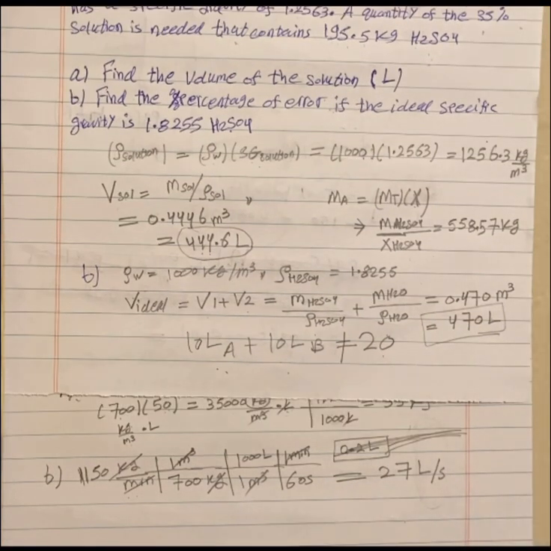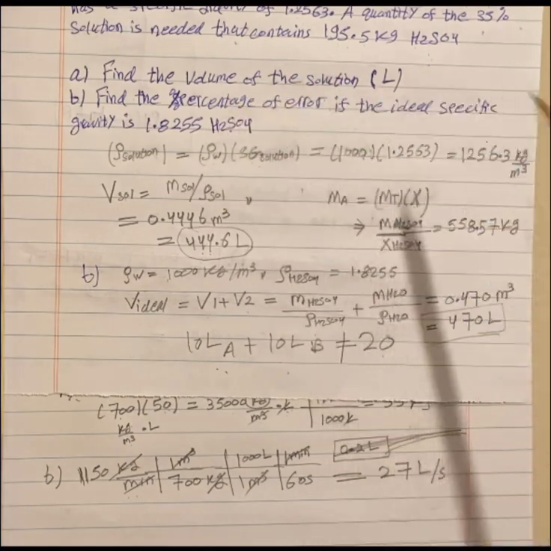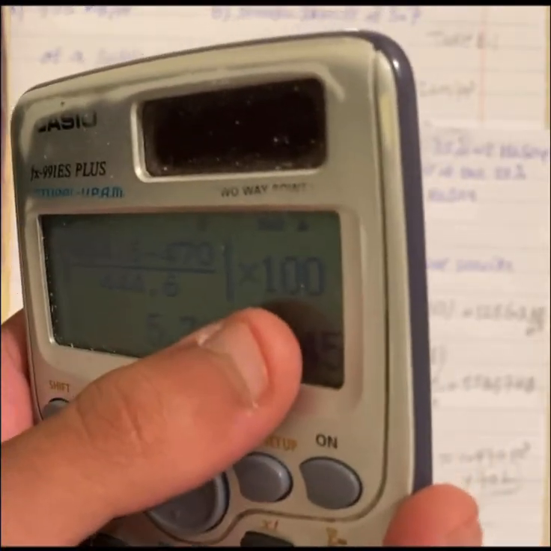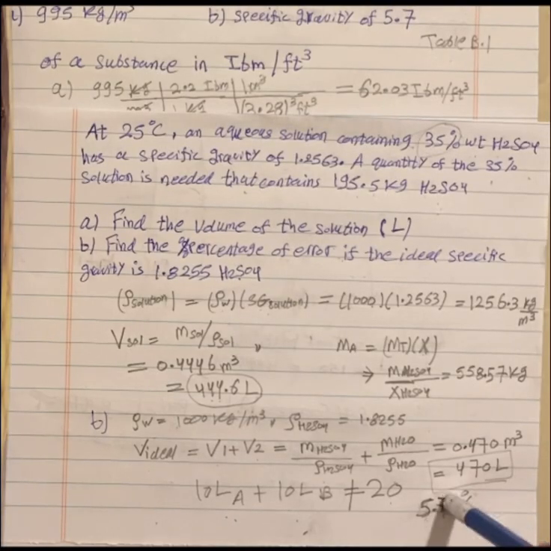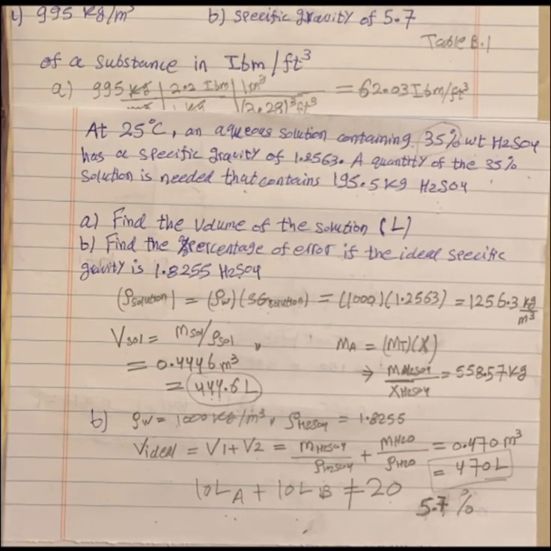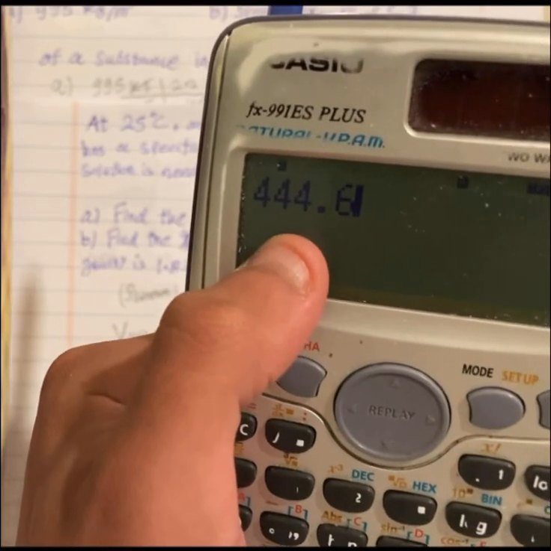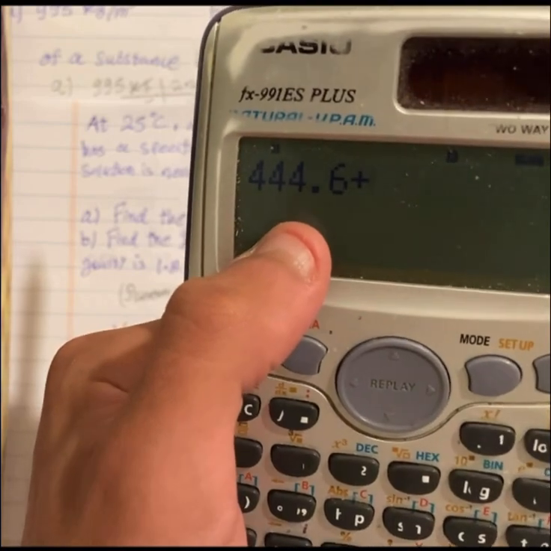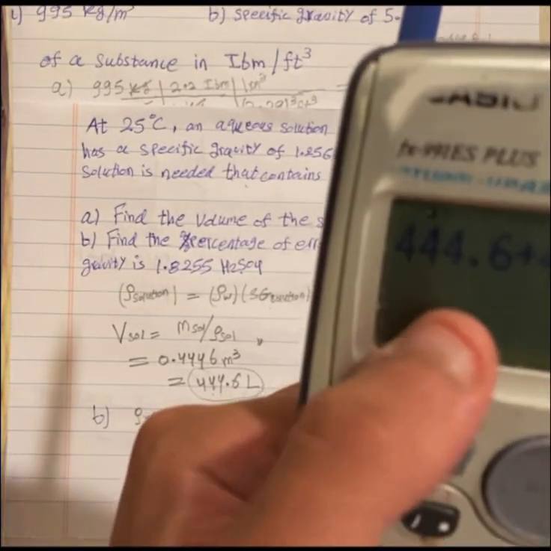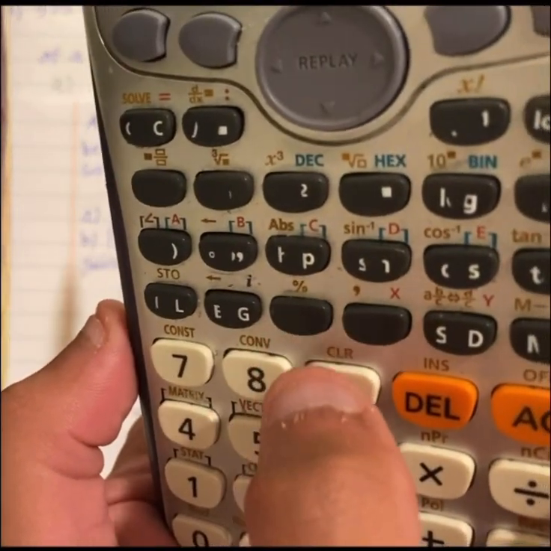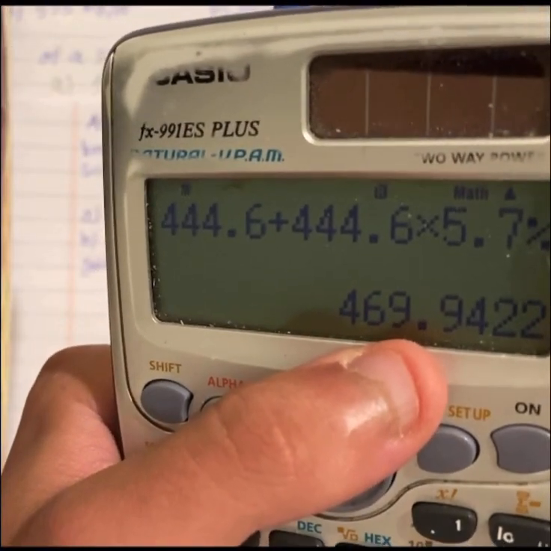If you want to find what we call percentage of error, because we multiply by 100, the answer will be 5.71 percent. This percentage of error explains how far we are from the ideal one. If you add 444.6 plus 444.6 times this percentage, 5.7, shift, and then here, approximately 470.